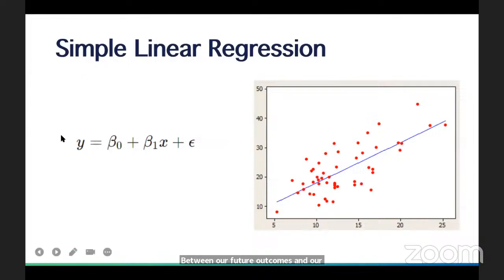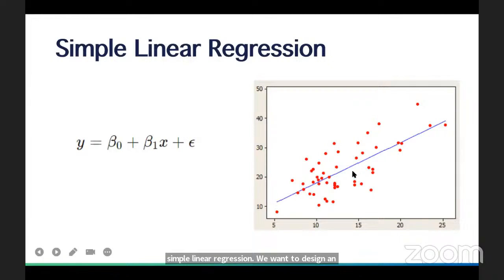Okay, so simple linear regression uses this technique of fitting a line through all these data points. So suppose we have some data points like this, and these data points are basically in a linear fashion. That means there is a linear kind of relationship between these data points. Similarly, in simple linear regression, we want to design an algorithm that fits through the middle of all of that data.